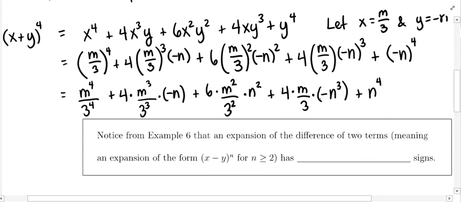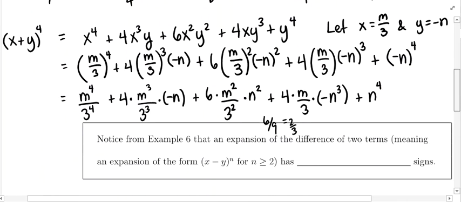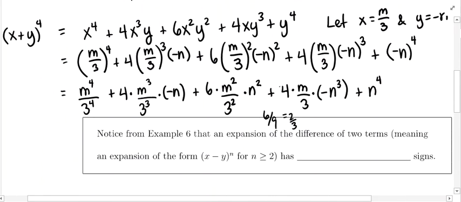The next term is going to be positive, so you're going to have plus 6 divided by 9. 6 divided by 9 simplifies to be 2/3. So this is going to be plus 2/3 times m squared times n squared.